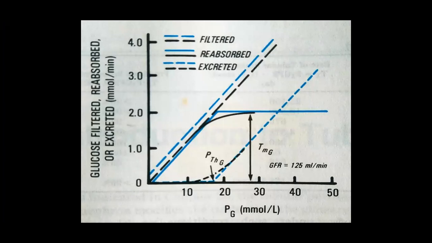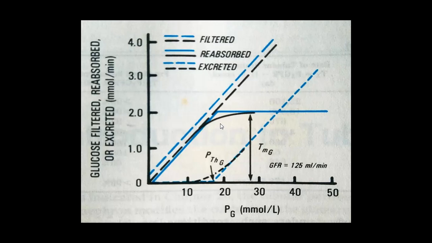Now there are several complications here. You see, for each set of factors, there are two curves. One is the blue curve, another is the black curve.